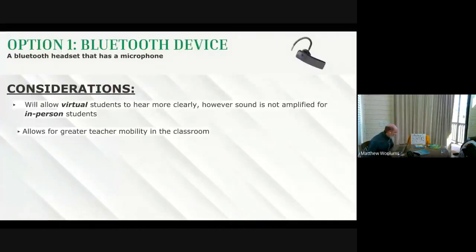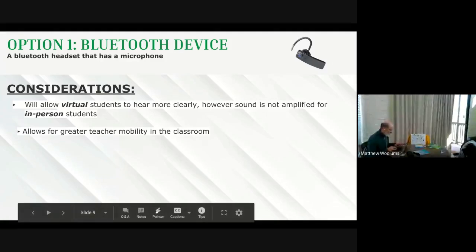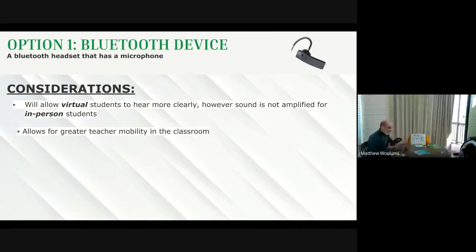All right, so there are 3 ways to do some sound. One is with a Bluetooth device. I'm going to turn on my camera. Oh, my camera's already on. I'm going to show you a couple of examples. This pair of headphones is a Bluetooth headphone, and it has a very small hole, which is an actual microphone.